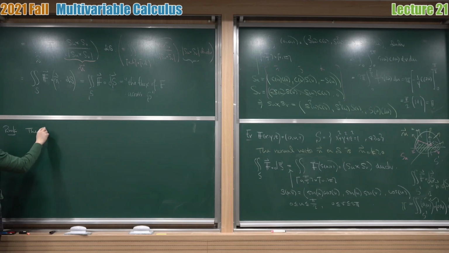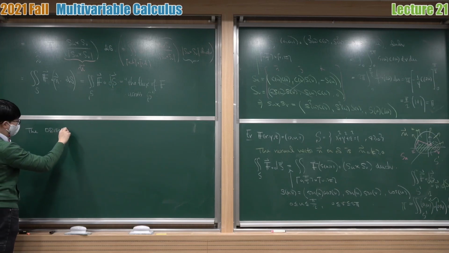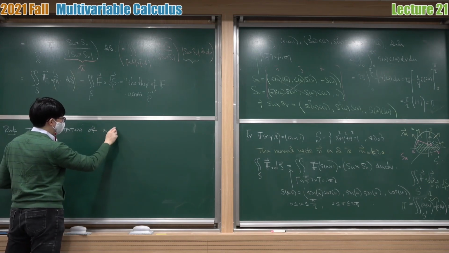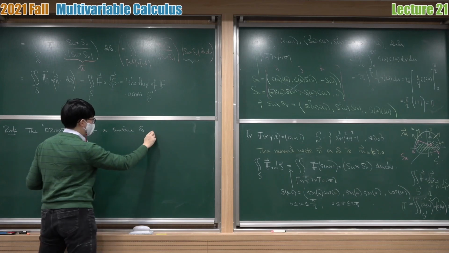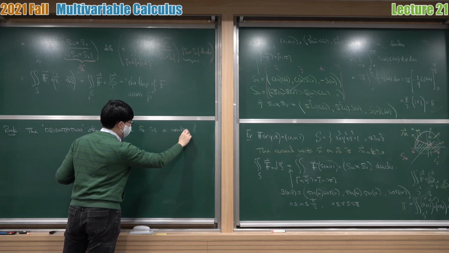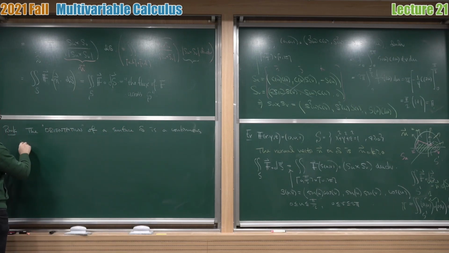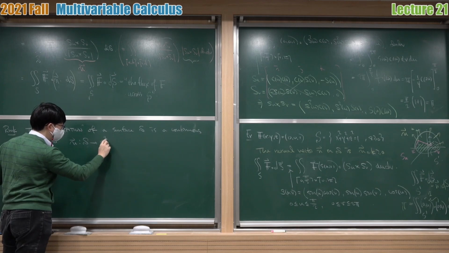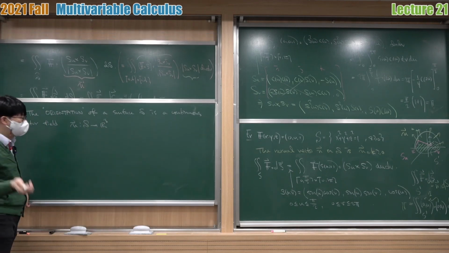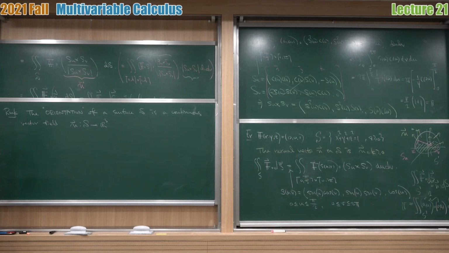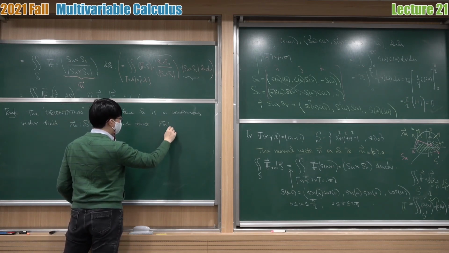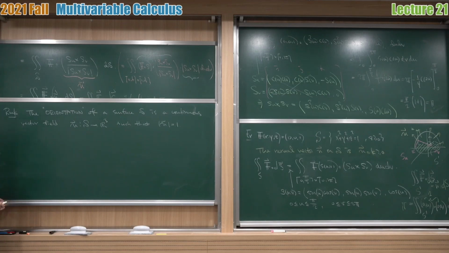The orientation of a surface S is a continuous vector field N, which is defined on the surface S to three-dimensional vectors, such that the size is always 1. So we always normalize this normal direction.